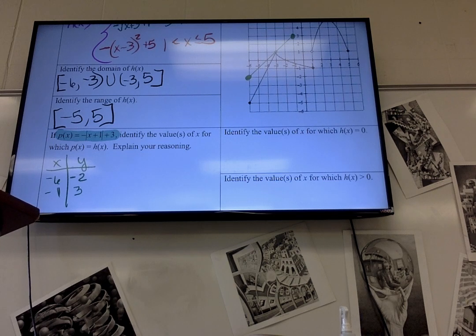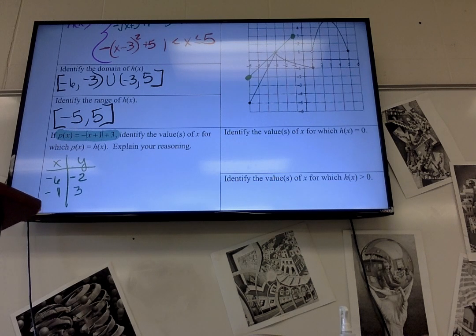I know it would look like that. Now it looks like they cross, but they really don't. Why? That point doesn't exist. Yeah, -3 is an open circle. It doesn't exist.